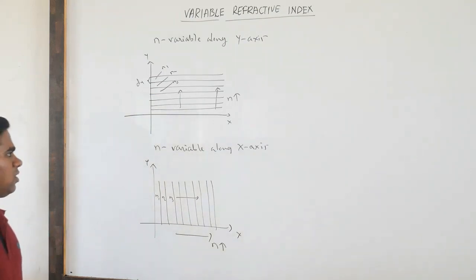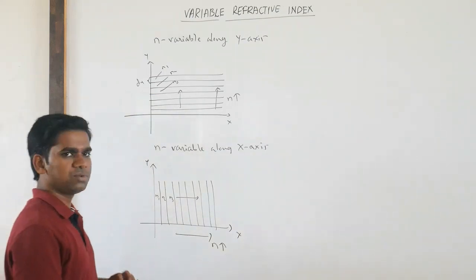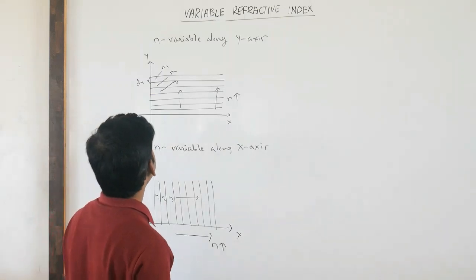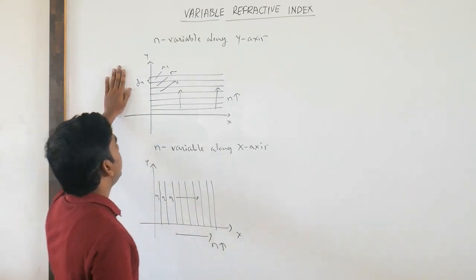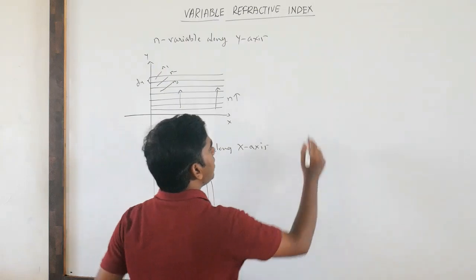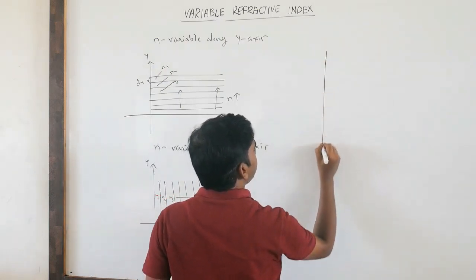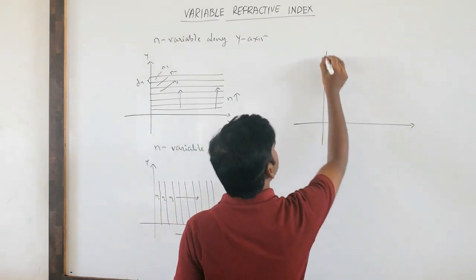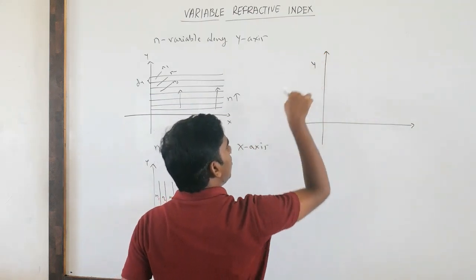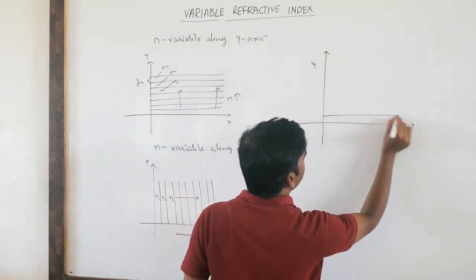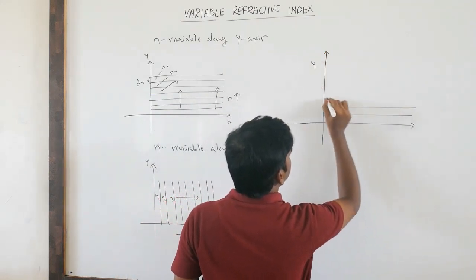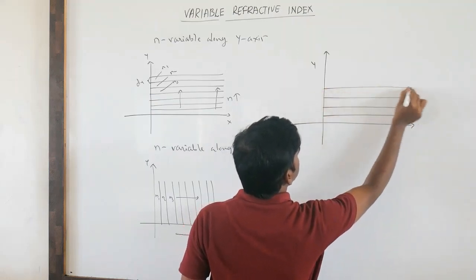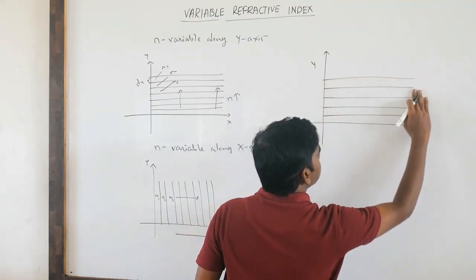So how can we solve the problem? I will go through a general solution, and based on that we can solve the problem. I will take first the variable along the y-axis. Suppose you have a refractive index which is changing along the y-axis. What are the possibilities of asking the question?